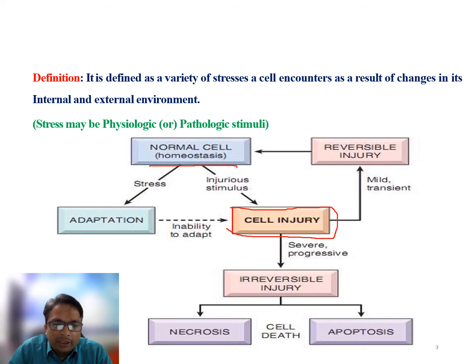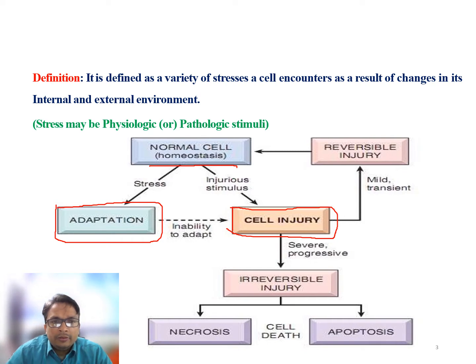Whereas a variety of stress are coming there. It could be any kind of stress. It could be compensatory stress. It could be any kind of stress that will affect the cellular homeostasis. First and foremost, if this stress is bearable, slowly and progressively you will see that the cell will go for cellular adaptation.